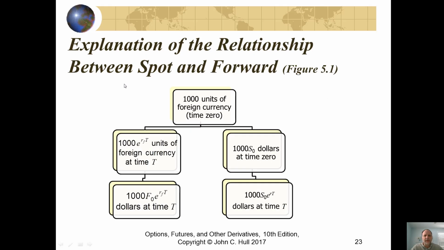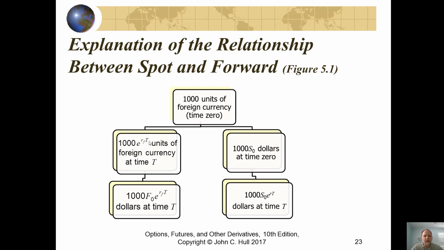So here is a little bit more of an explanation of why the no-arbitrage situation exists between spots and forwards. Let's look at, say, 1,000 units of a foreign currency: yen, euros, pounds. Well, if you invest that money at the risk-free rate in, for example, Great Britain, then at the end of time period T, you would have 1,000 e^(rf T).